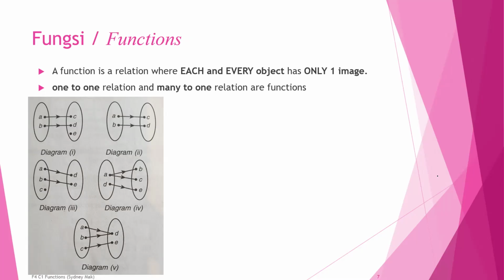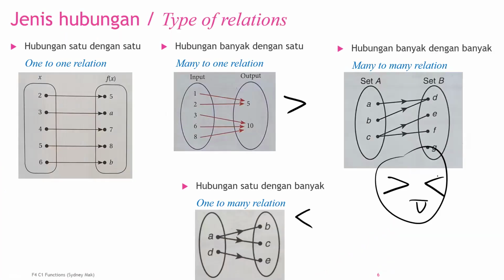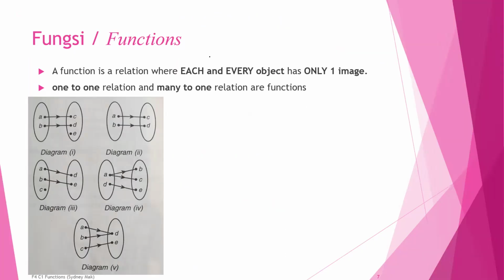Out of the so many relations just now, one to one, many to one, one to many, many to many, only the ones that have one image are functions. One to one and many to one relations are functions. So can you try to determine whether diagram 1 is a function or not, and give reason.